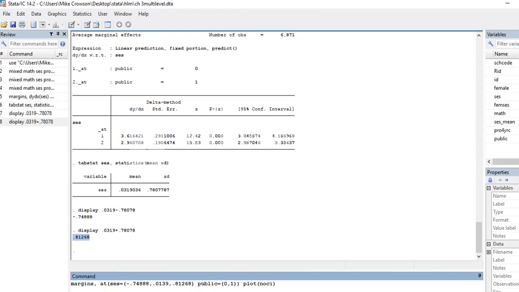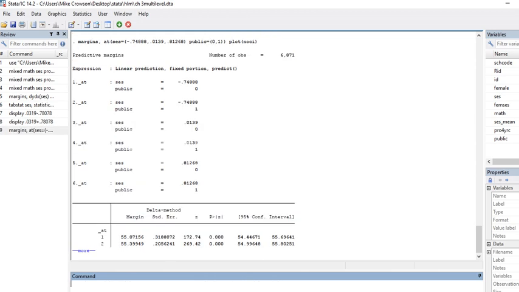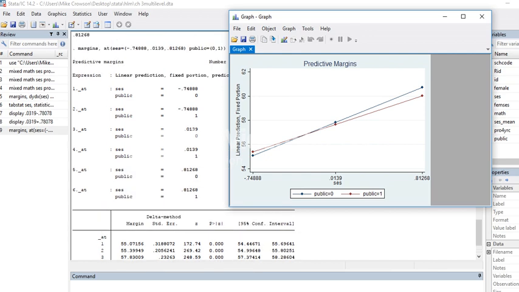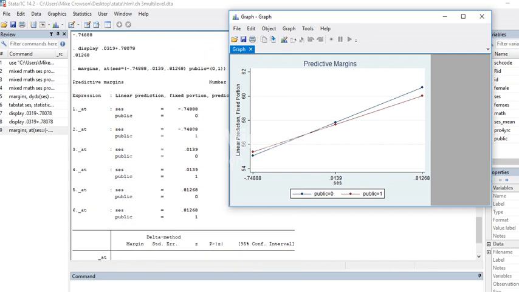So now when I hit enter, you'll see that I get the predicted values on Y at each of these combinations. So you can see we've got public schools, or excuse me, 0 on that variable is non-public school at low SES. So I'll just kind of use my little marker here. So this is low SES, non-public schools, low SES, public schools.